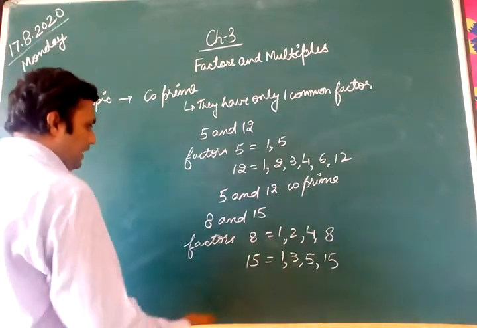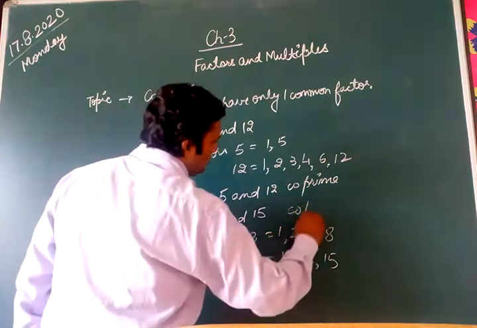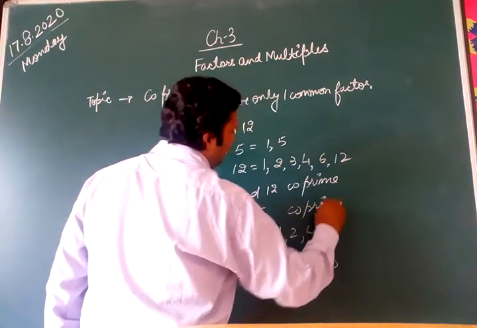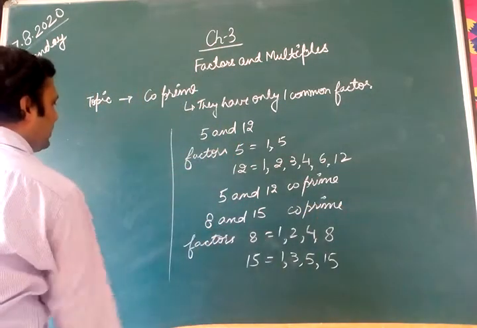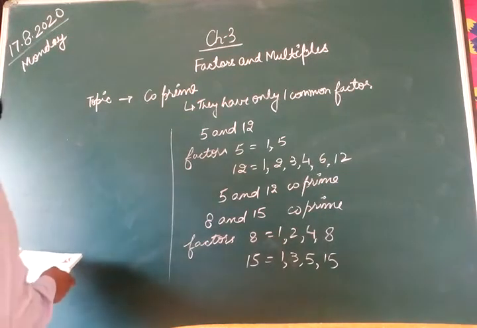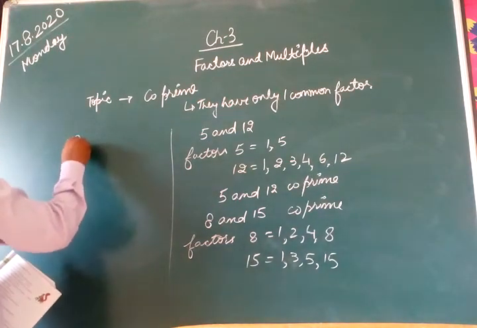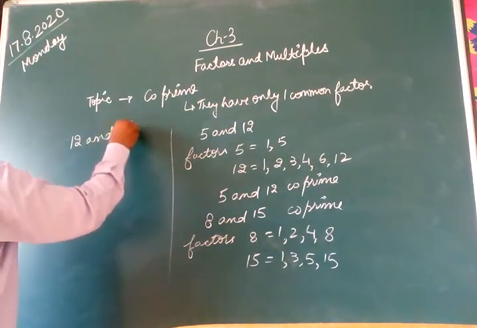So 8 and 15 are also co-prime. If we talk about the next, 12 and 15.